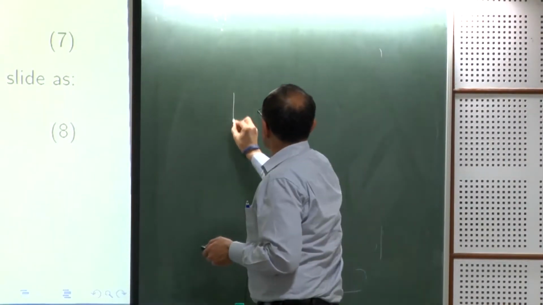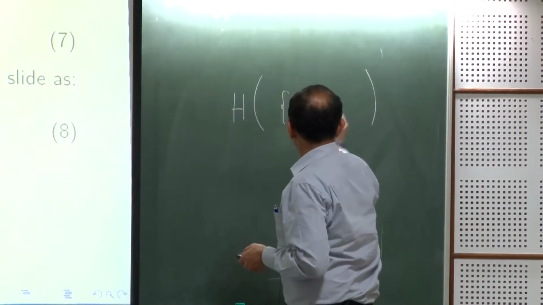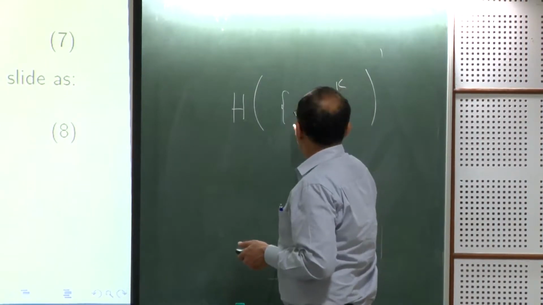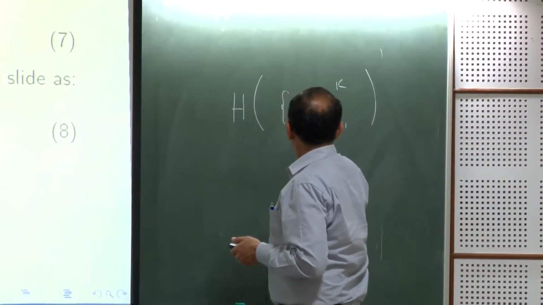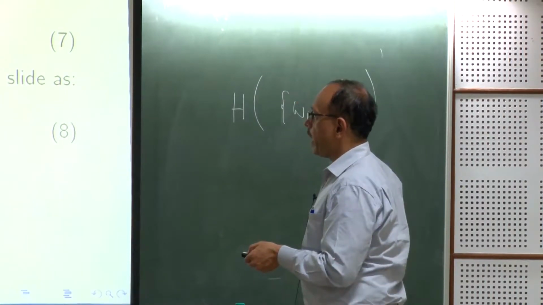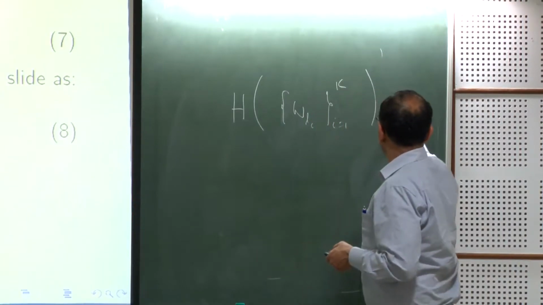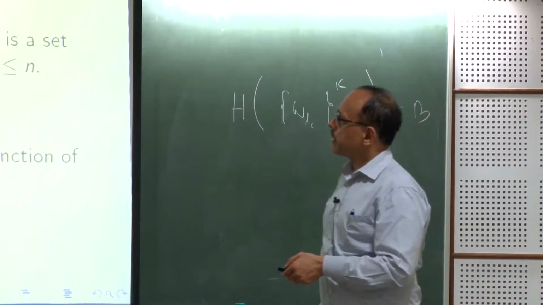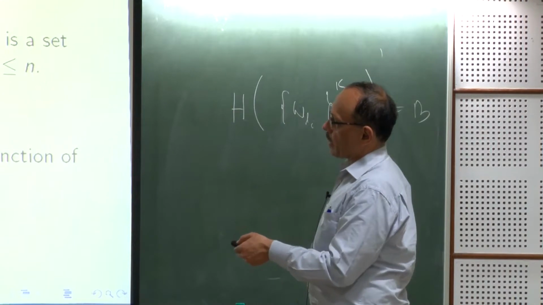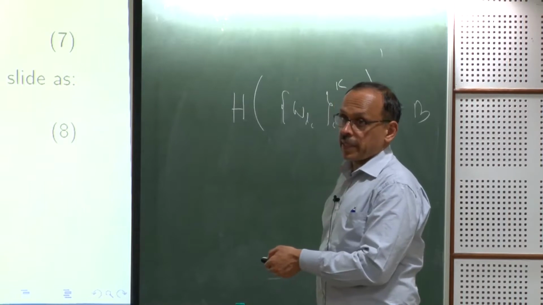Here I take a set of W Li for i equal to 1 to k, all the variables, and the entropy of that is equal to B. You can see that, in fact, every subset of k nodes has the complete message information, so that should completely represent the finite field.